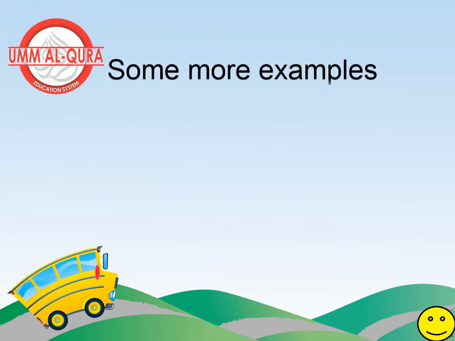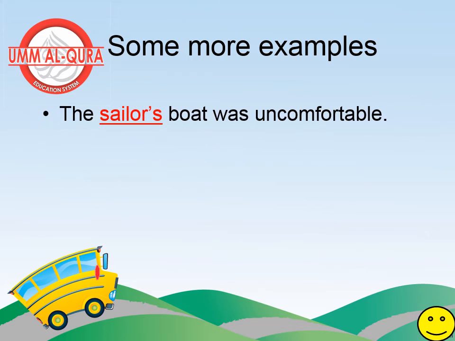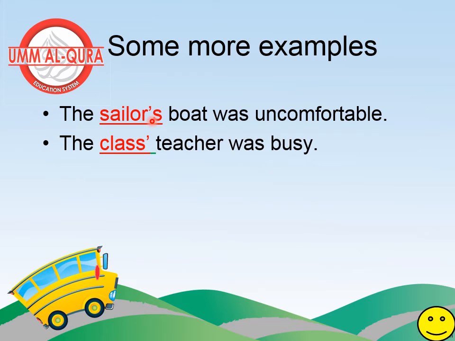The next one is some more examples I am going to tell you over here. The sailor's boat was uncomfortable. Sailor is singular, so to show the possession we have added apostrophe and s both. The next one is the class's teacher was busy. Class is singular, but it ends with s.